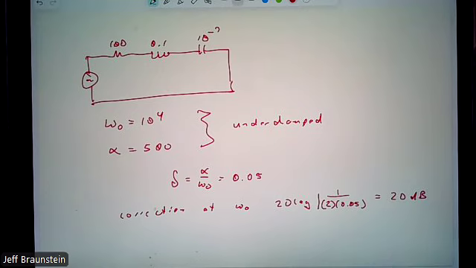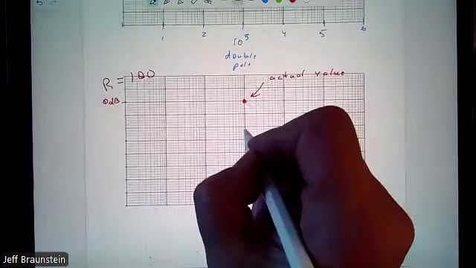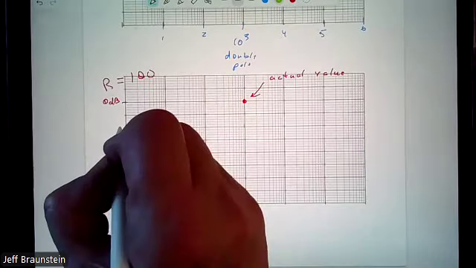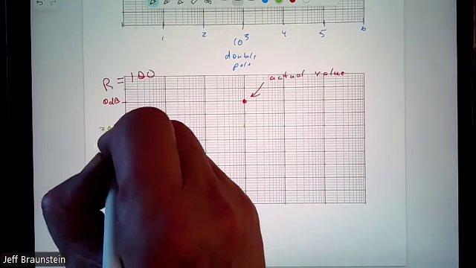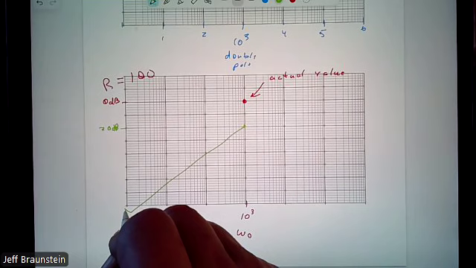I can add plus 20. That's my correction relative to the straight line approximation. But once again, we know that at the resonant frequency, the actual value is 0 dB. What does that mean for us? With my correction being 20 dB, it means my straight line approximation is down here at minus 20 dB, the corresponding point, and we still look at 20 dB per decade as our slopes.